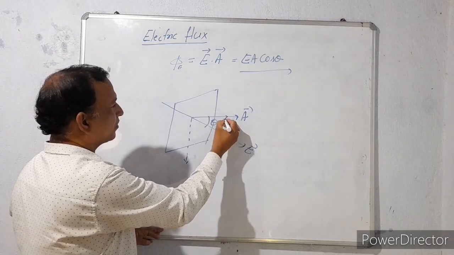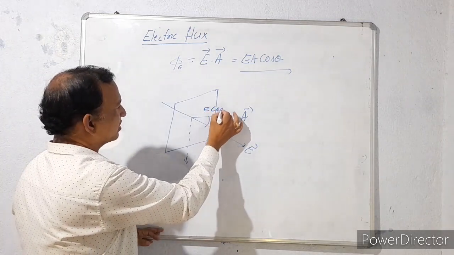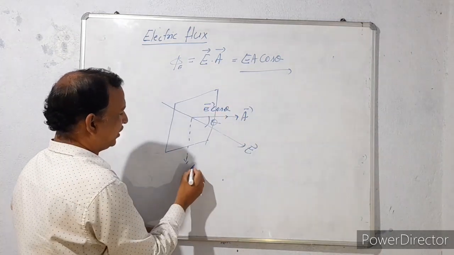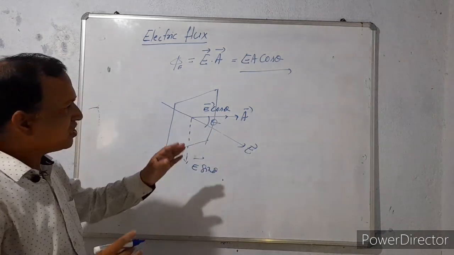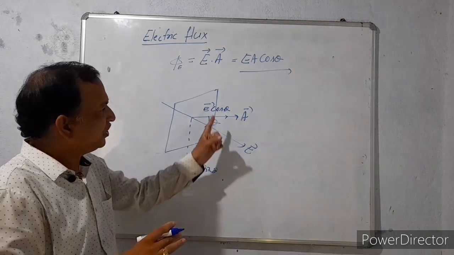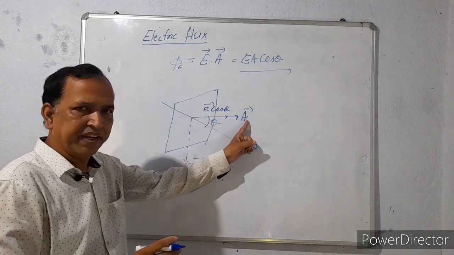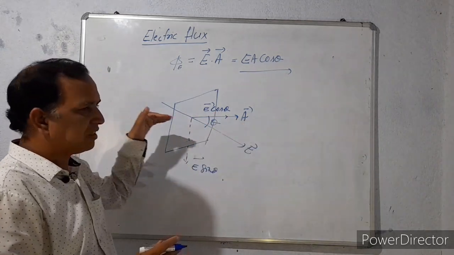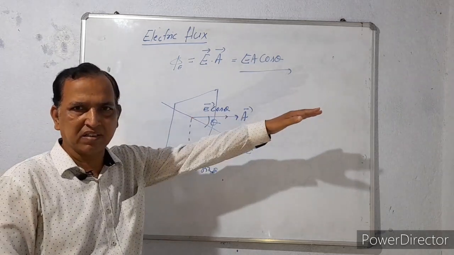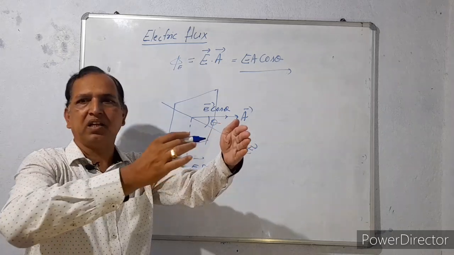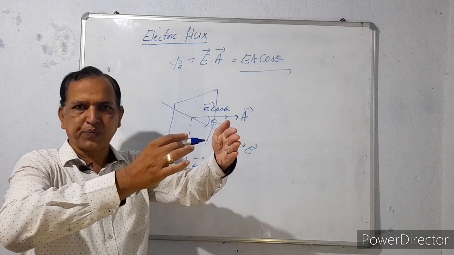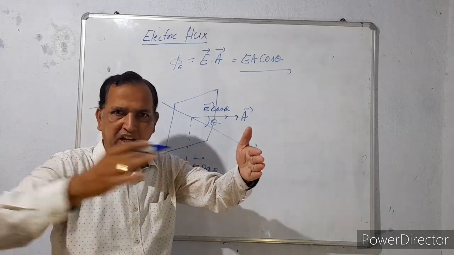Here E cos theta, here E sin theta. So we confirm E cos theta and A both are in same direction. That means the field line passing through the area, cross the area.